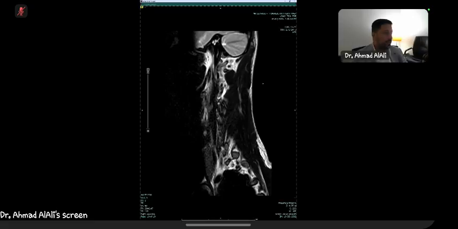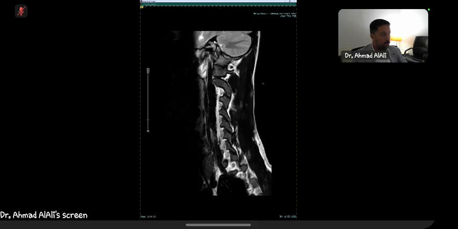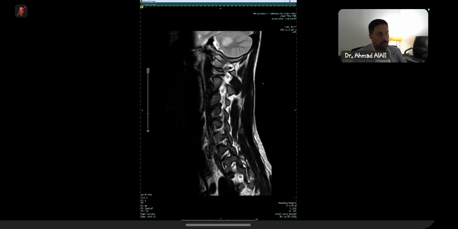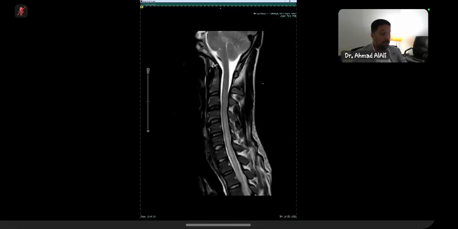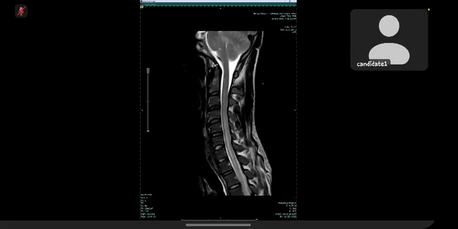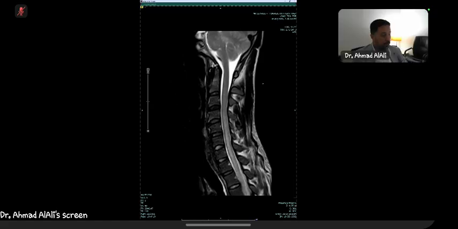What other sequences in the spine MRI would you like to check before ordering brain MRI? Since the patient is still on the table, you have the right to decide what to add to these images to reach a proper diagnosis.